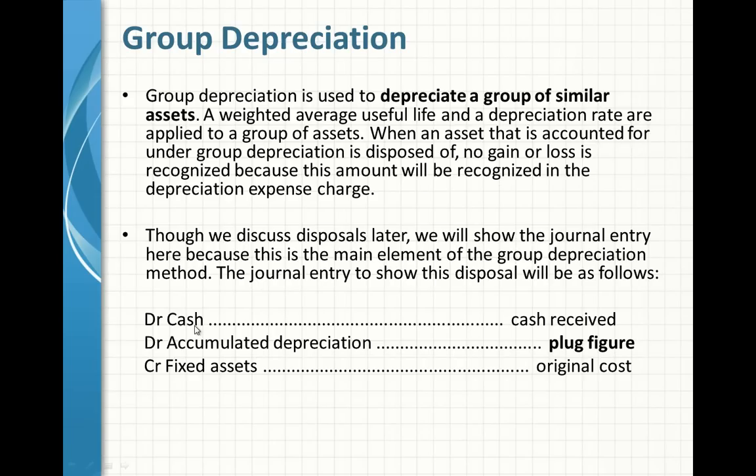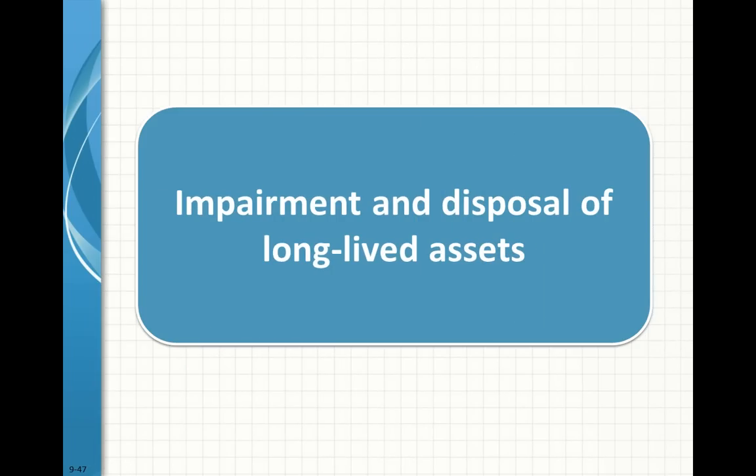Same entry: cash account debit, accumulated depreciation when the asset is sold. Impairment. Impairment means when an asset cannot be put into use now, but the life is there. Say, for example, an asset was purchased in year 1 and the life is 5 years.